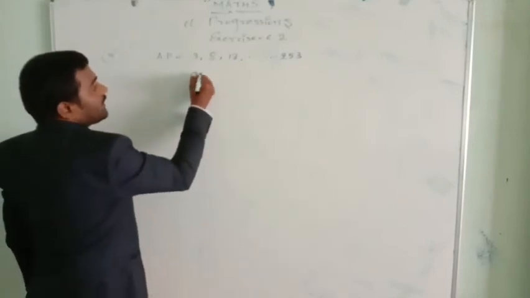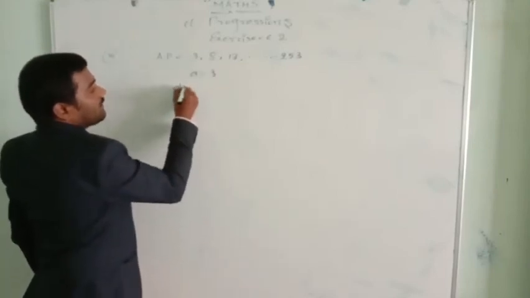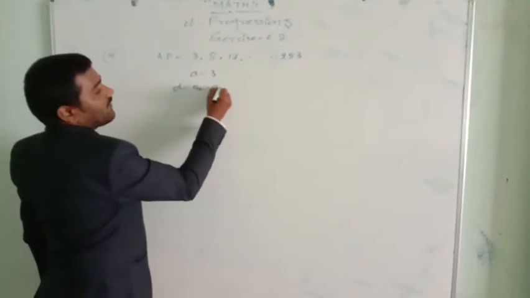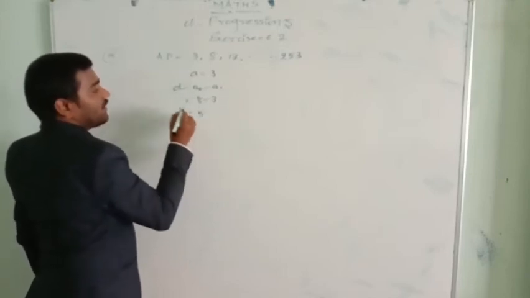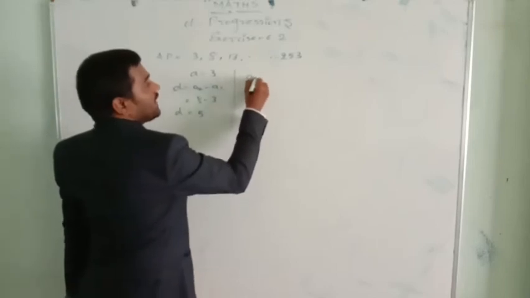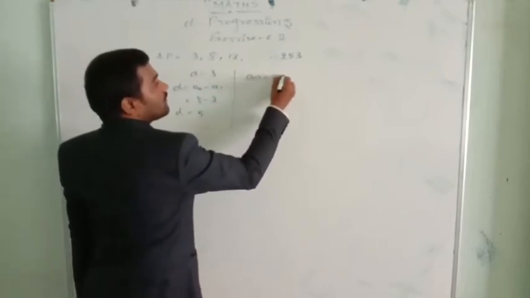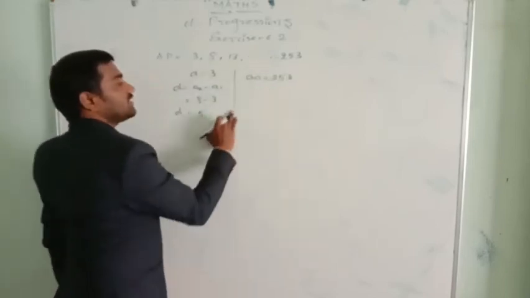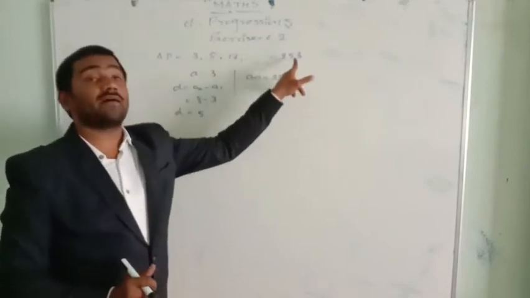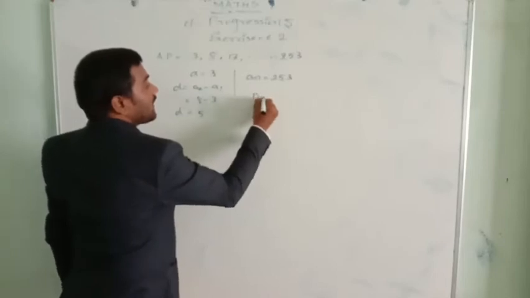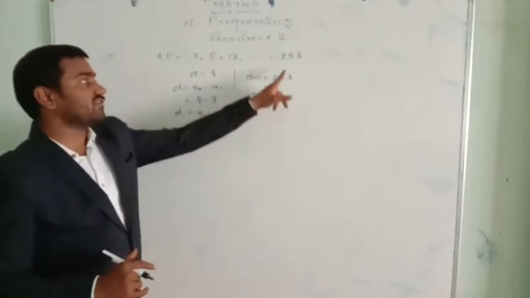First find that A is 3, and D is A2 minus A1, that is 8 minus 3, equal to 5. D value is 5. And An value is 253. Let us first find out how many terms are involved. We will find N, the number of terms.